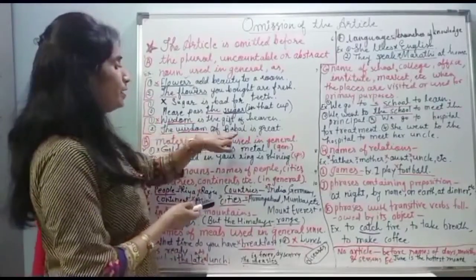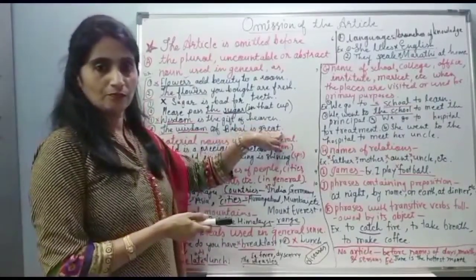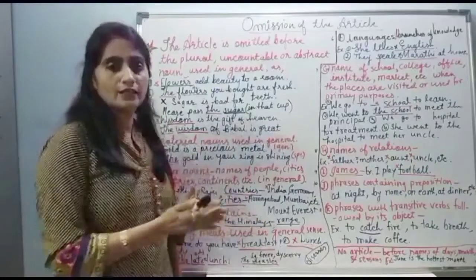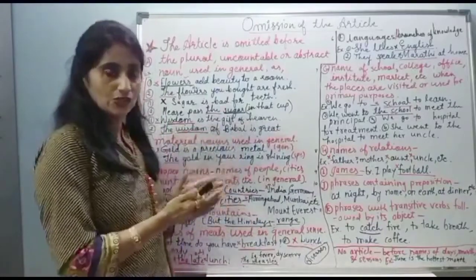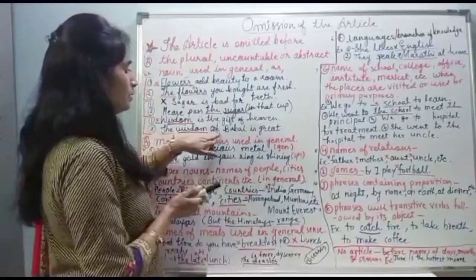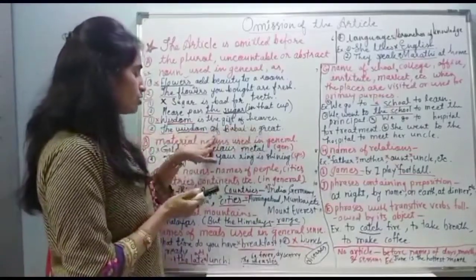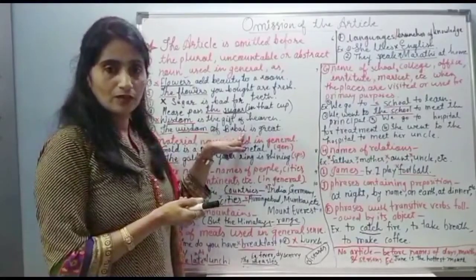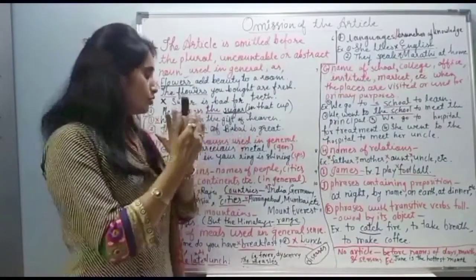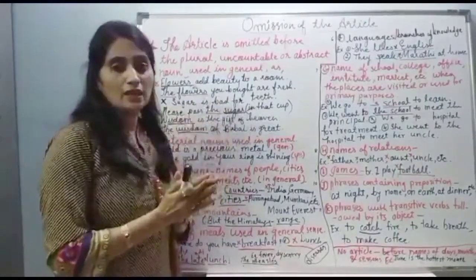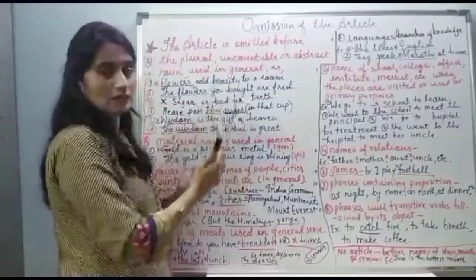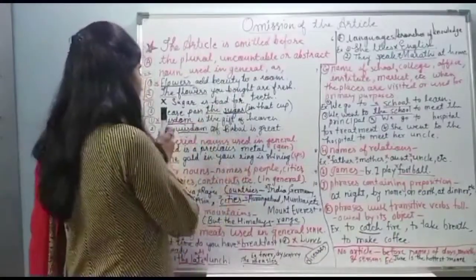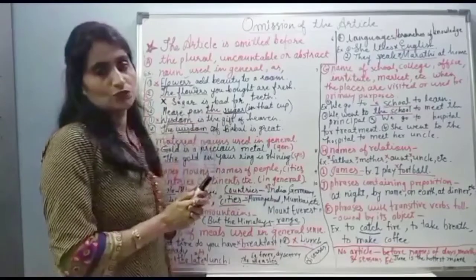The wisdom of Birbal is great. Wisdom, that is intellect, talent. Here we are talking about the wisdom of Birbal. We are talking about specific intellect, specific wisdom, and here the article the is used.